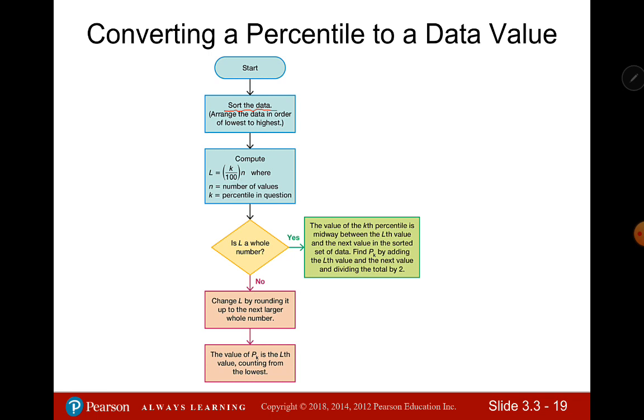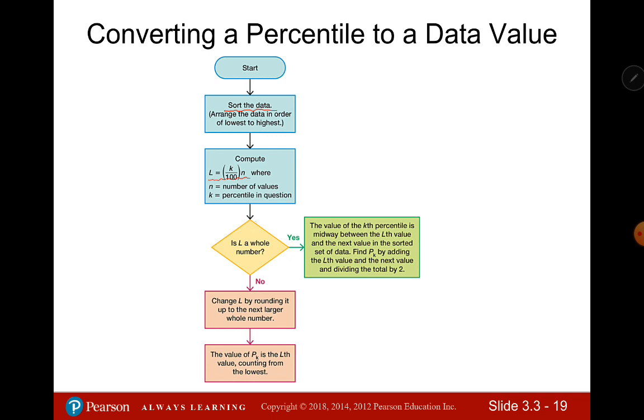After that, we need to compute this one. So this is the formula. Remember what L is? L tells you the location of the x value. K is about the percentile. So L is K divided by 100 and then times n.